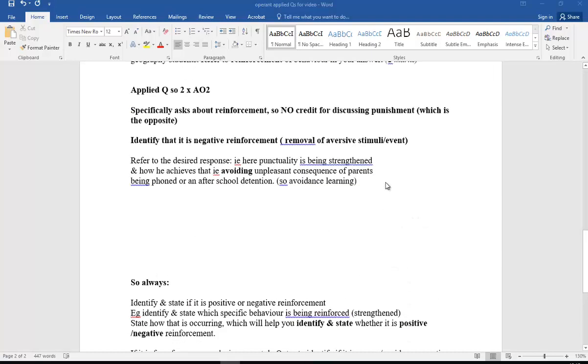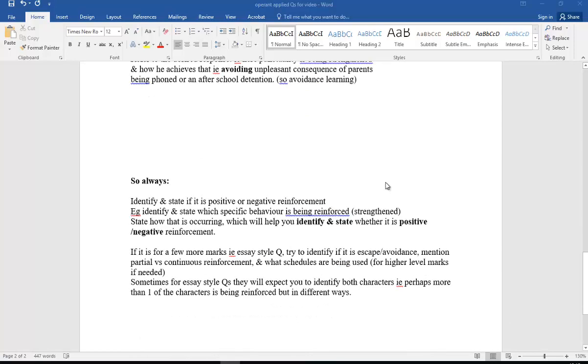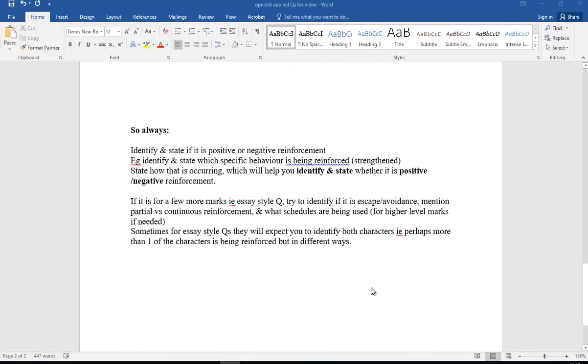If this teacher is getting what he wants in terms of punctuality of students, then he's being reinforced in order to continue that same behavior. So for these two questions, we don't need that development because it's only worth 2 marks, but look out for the number of marks and bear that in mind. And obviously you've got things like extinction, generalization, other elements of behaviorism that you could bring in.